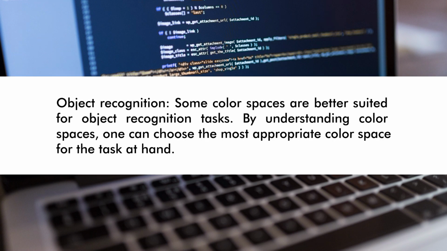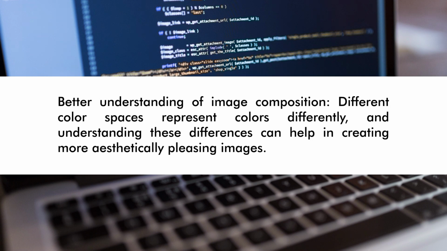Object recognition. Some color spaces are better suited for object recognition tasks. By understanding color spaces, one can choose the most appropriate color space for the task at hand. The next is better understanding of image composition. Different color spaces represent color differently, and understanding these differences can help in creating more aesthetically pleasing images.